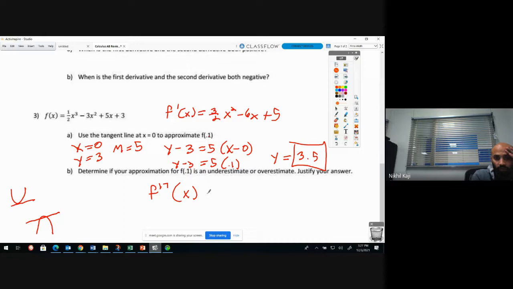which is 3x. If you multiply that, 6 over 2 is 3, minus 6. All right. Plug in 0, because that's my x value at the tangent line, and that's negative 6. So here, my second derivative is negative, so that must mean I'm concave down, so my line is above, so it's an overestimate.